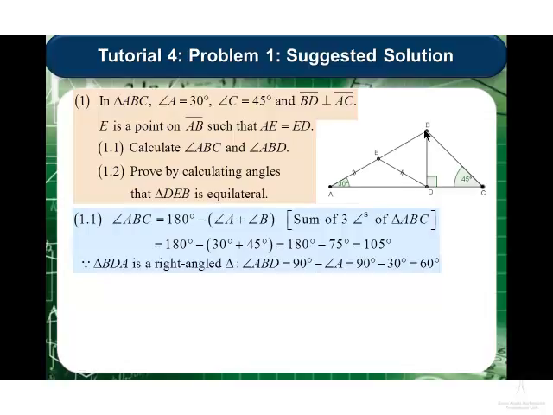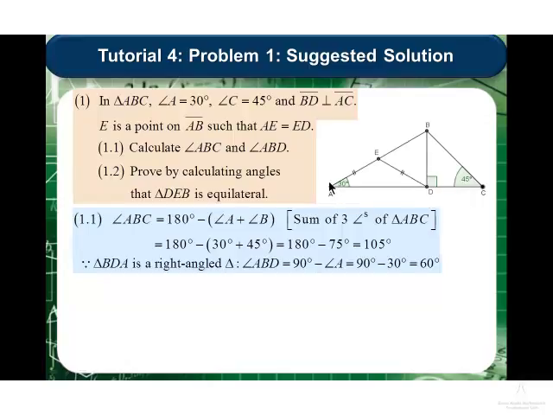Also, the triangle BDA is a right triangle, since it was given that this angle BDC is 90 degrees. So obviously ADC represents a straight angle, so the angle BDA will also be 90 degrees.